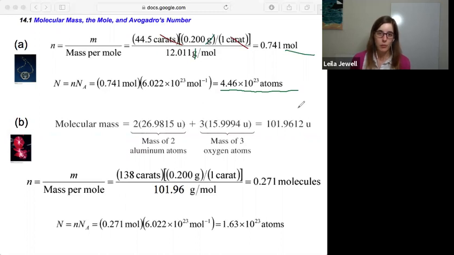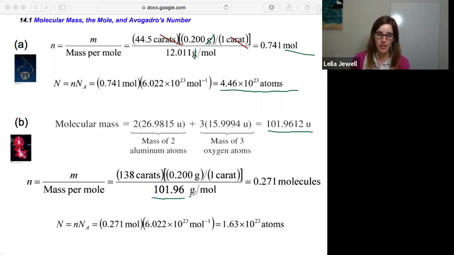For the ruby, the aluminum oxide is a little more complicated, as mentioned. We have to take the mass of the 2 aluminum atoms, so 2 times 26.98 U, plus the mass of the 3 oxygen atoms, so 3 times 15.999 U, which comes out to 101.96 U, which is also the same as 101.96 grams per mole.